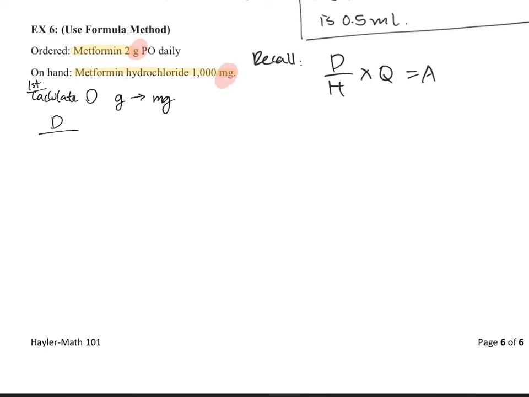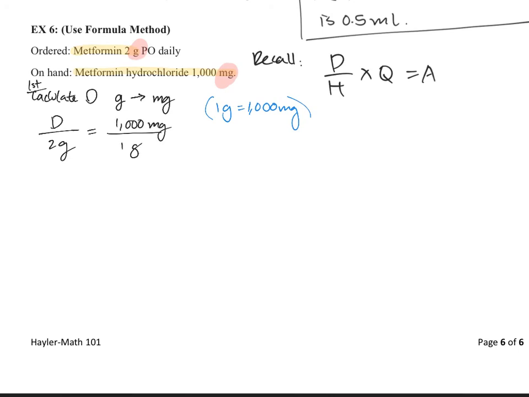The desired dosage over what we're trying to get from, which is 2 grams. And then our conversion factor, which I'll write on the side. It's 1 gram is 1,000 milligrams. We'll use that in our proportion. So 1 gram, 1,000 milligrams.